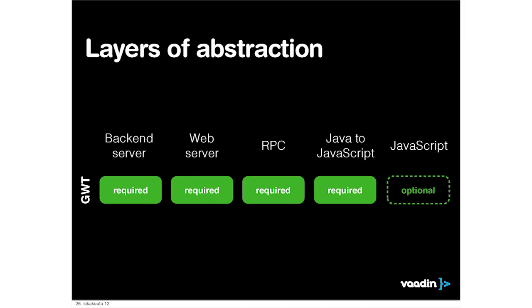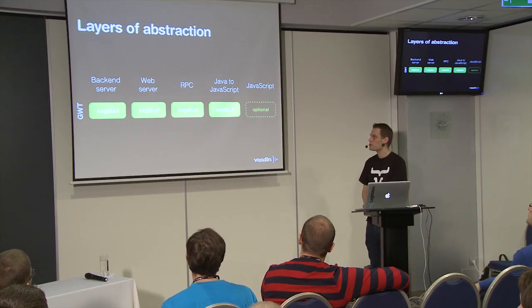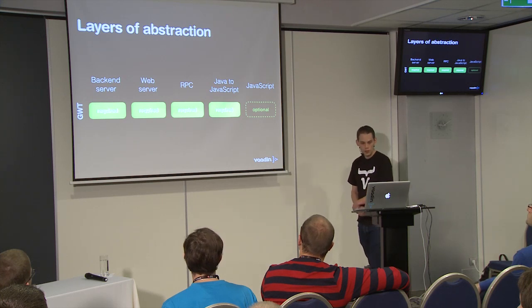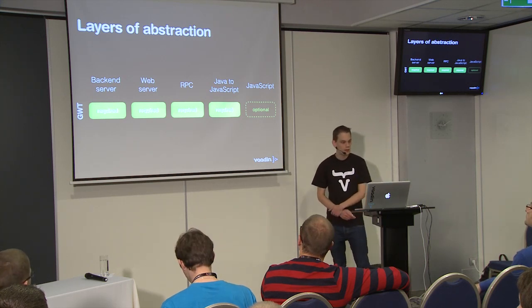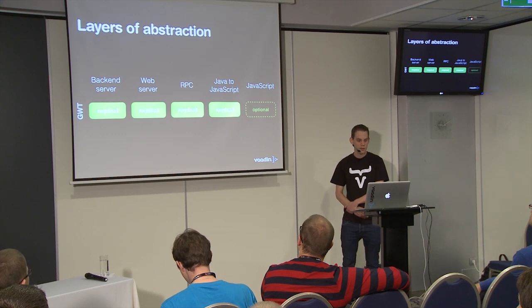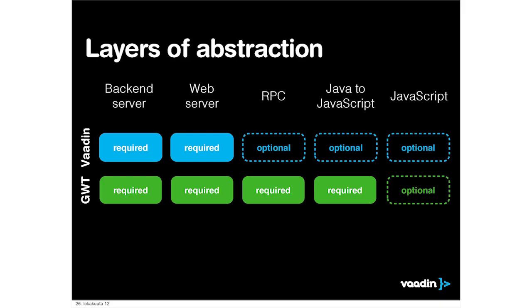In the case of GWT, you need to implement these 4 layers, but on the client side, you can use Java, and you can also use JavaScript if you want. But in the case of Vaadin, with the Vaadin server-side programming model, you only need to implement 2 of these layers.